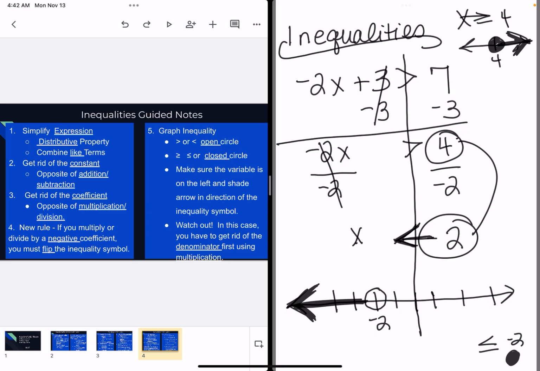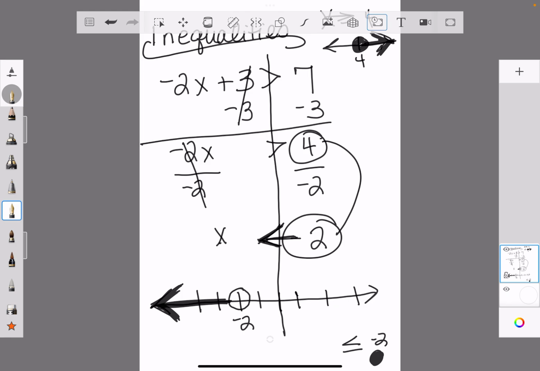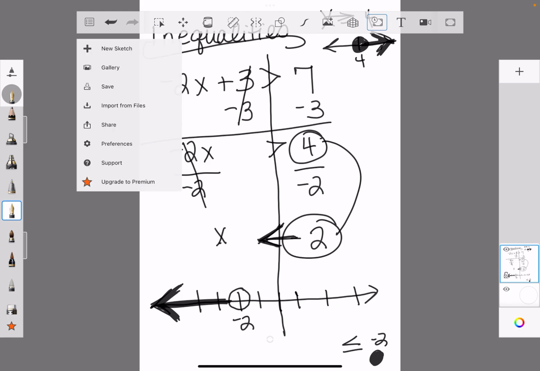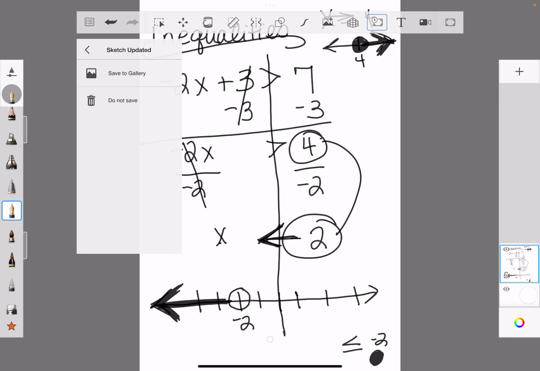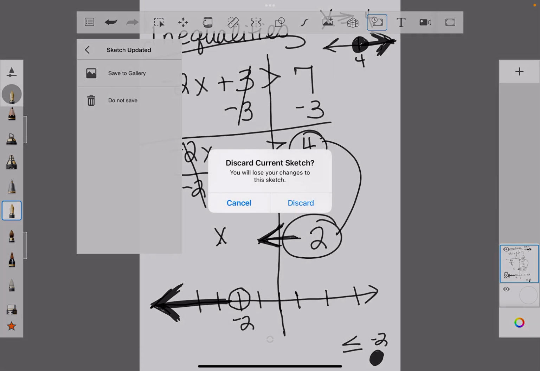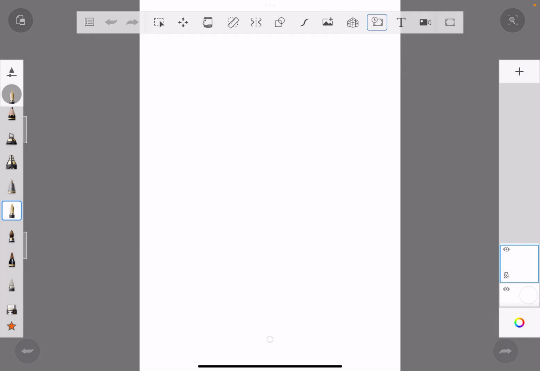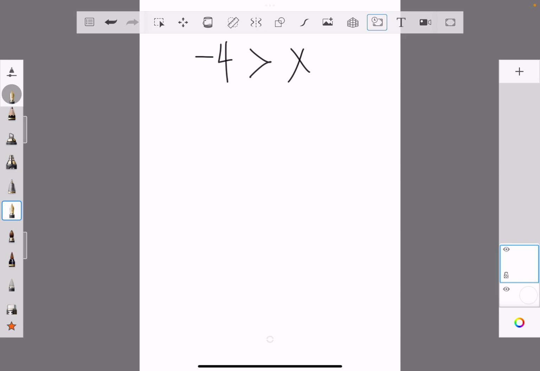Let me show you one more thing because I think that this is important. New sketch. If you have negative 4 is greater than x, the variable's not on the left side. So what would you do? You would flip-flop it.